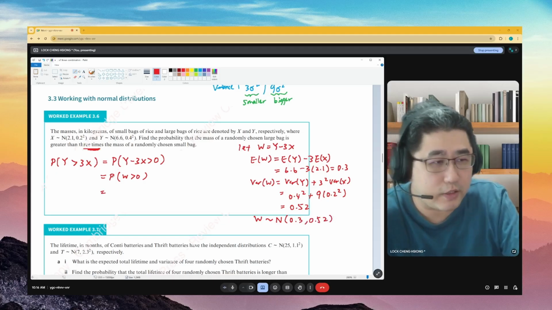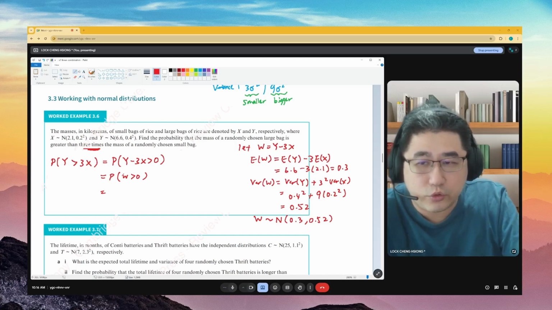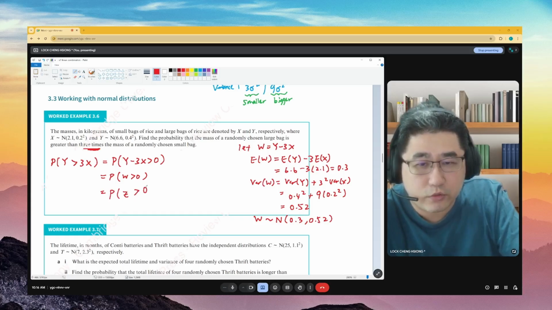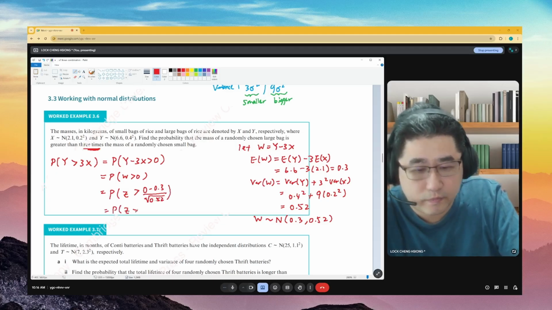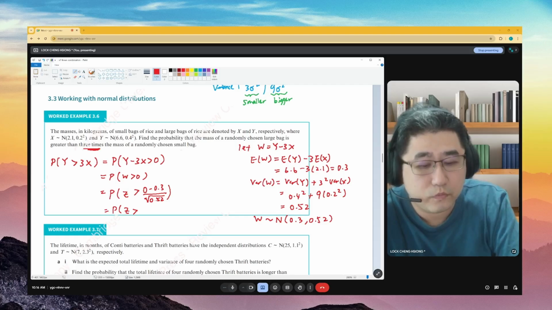Then I can easily do my normal distribution calculation, which is Z greater than 0 minus 0.3 over square root of 0.52. Press the calculator.